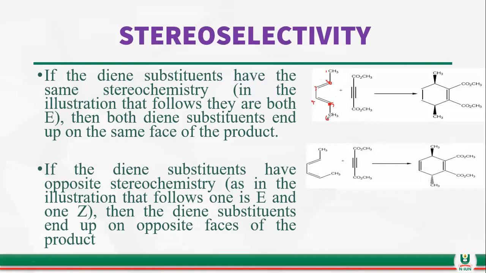So that is a hexadiene. One of the double bonds is on 2, one is on 4. So this is hexa-2,4-diene.